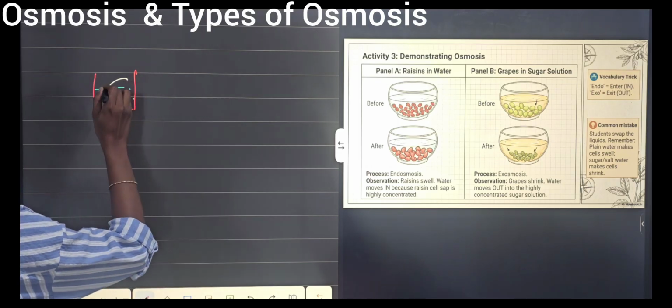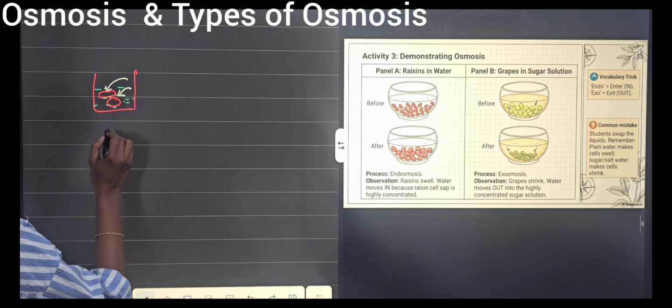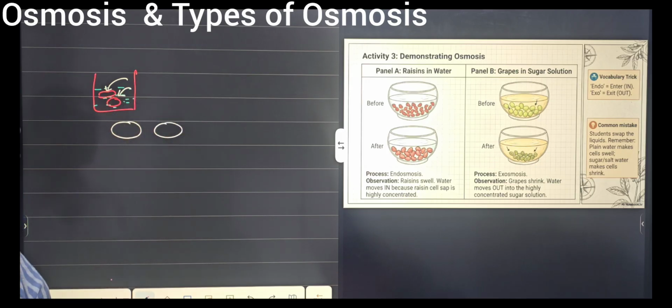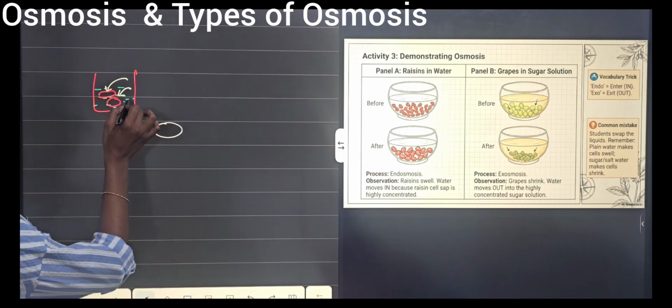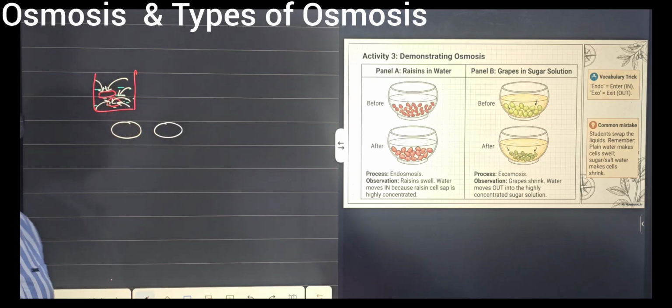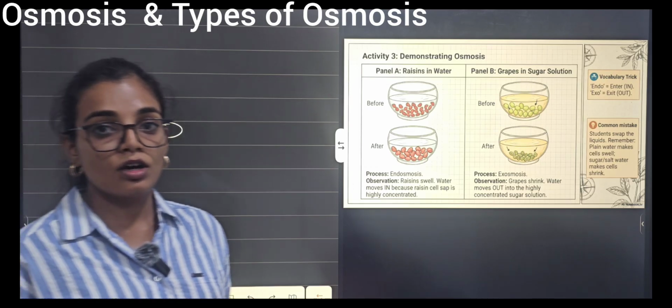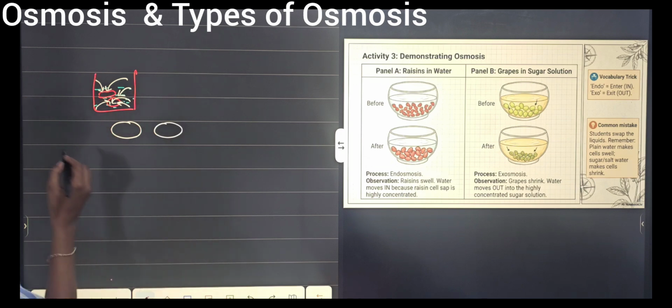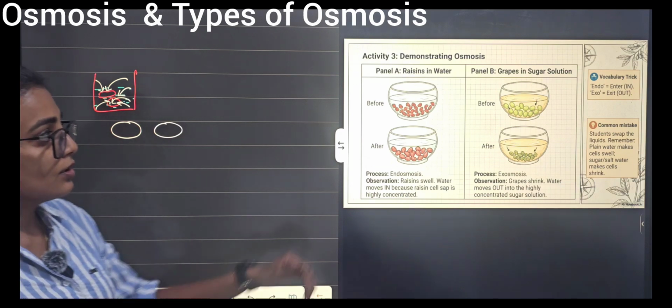After some time you can see the swollen structure of the raisin. This type of osmosis where water enters into the cell is called endosmosis.